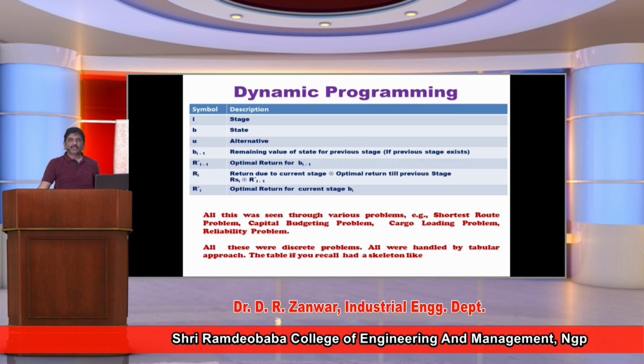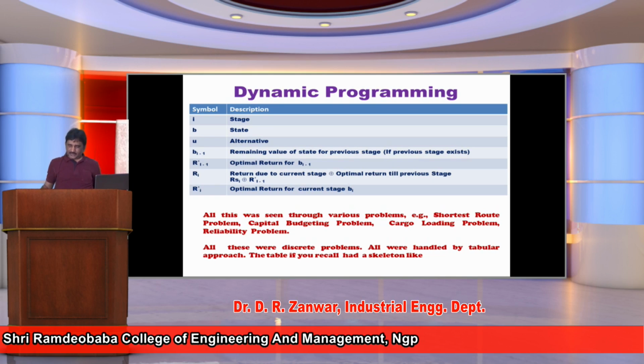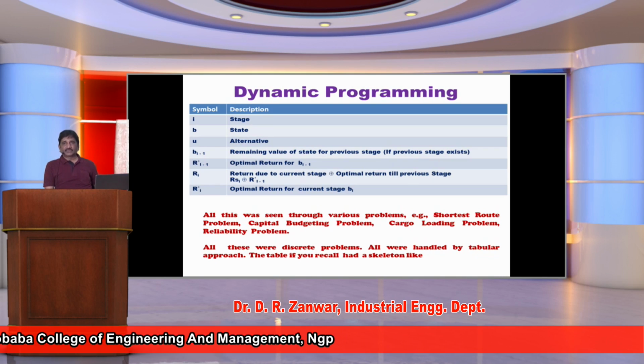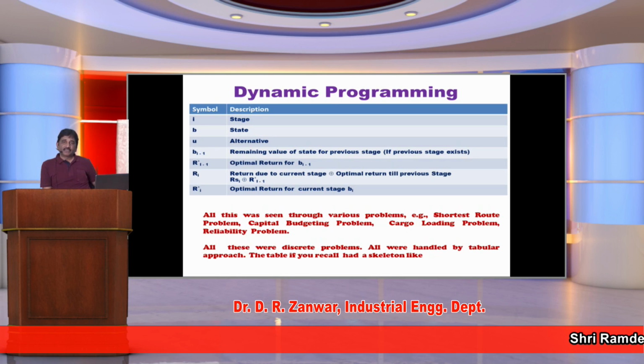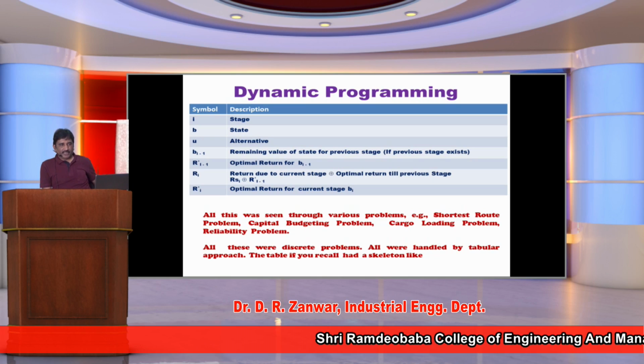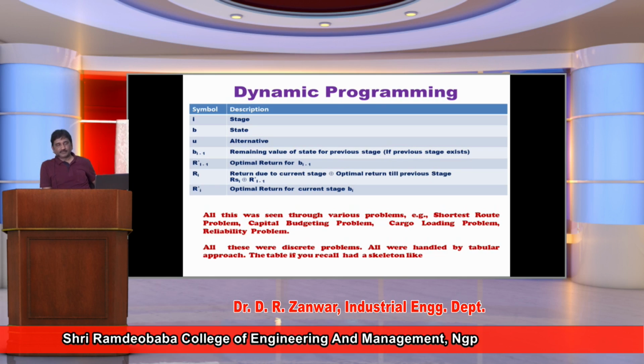In this idea, the optimum solution is obtained based on the concept that the return till any stage is computed based on the return of that stage, that means the value of the objective function for that stage, and the optimal return till the previous stage.